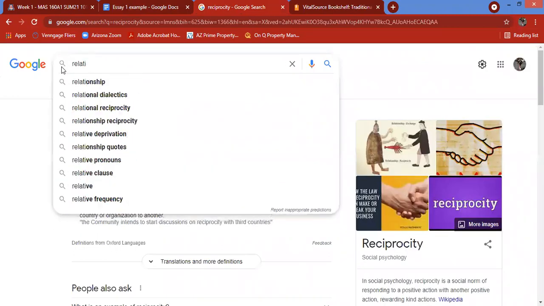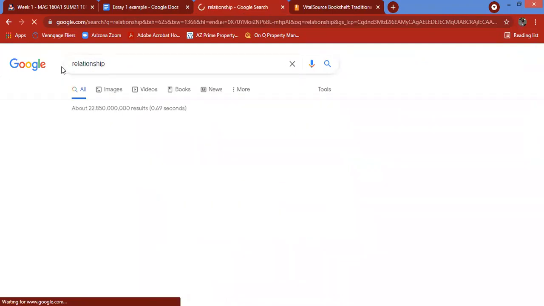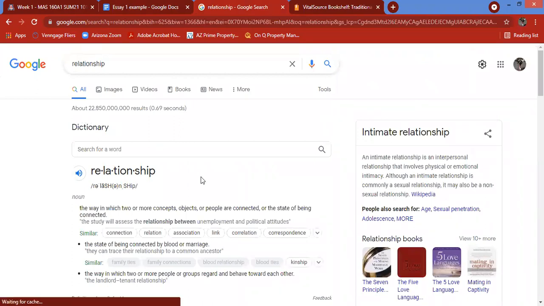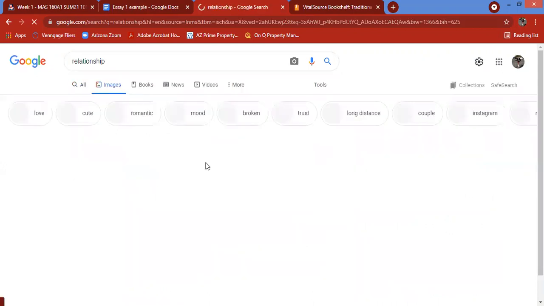And reciprocity is a relationship. It's a mutual relationship. A relationship in general is the way in which two or more concepts, objects, or people are connected, or the state of being connected. In Native culture, we have a saying, all my relations.